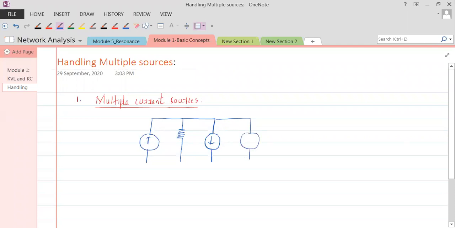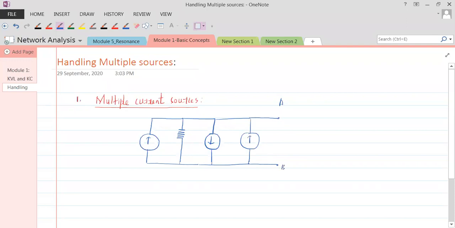Why are we talking about so many current sources? Because we're talking about what happens if we have so many different current sources in the same circuit connected in parallel, mind you. So there are two terminals like this, A and B, suppose.